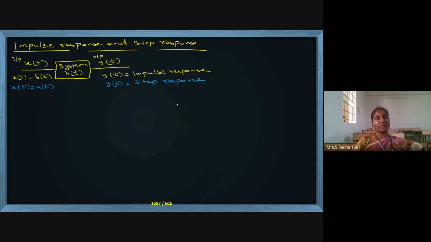While considering inverse Laplace, if you take the input as del of t, then output y of t will become impulse response. If you take the input as u of t, then the output will become step response. Possibly, if possible, we will see some problems at a later point. This is just for an idea what is impulse response and step response.